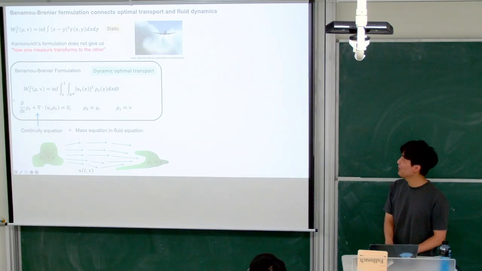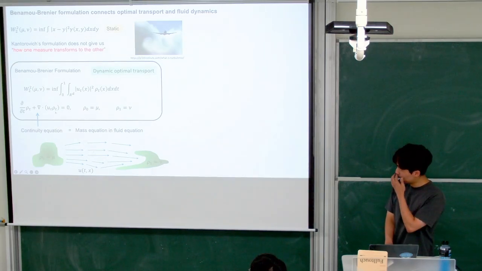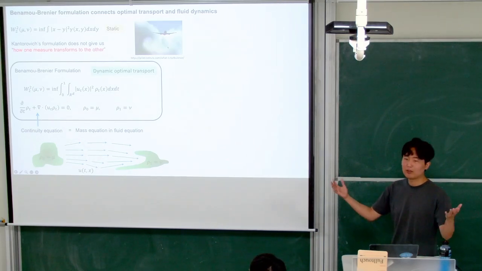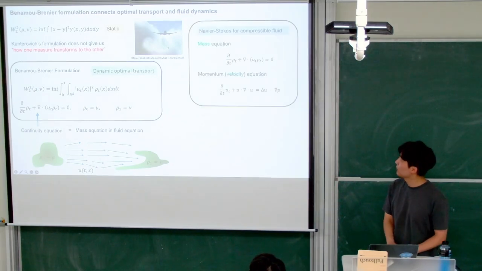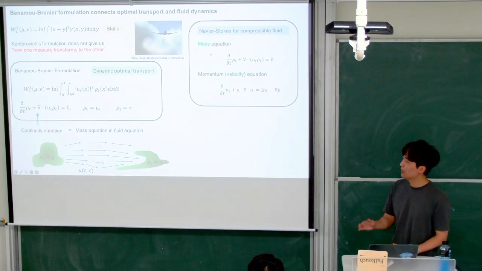You don't have to think about this deeply, but let me tell you some context of this equation. This comes from fluid dynamics. If you imagine air or water, it can be described by mathematical equations called Navier-Stokes. Navier-Stokes consists of many things, but essentially there are two things.